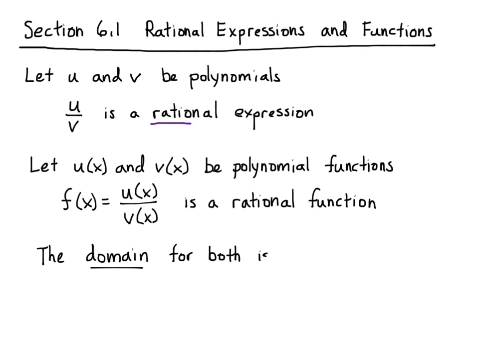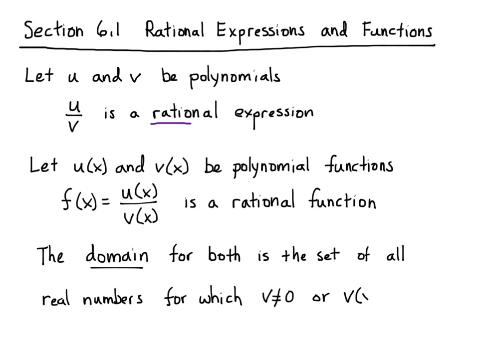So what will be different about these is that we have to worry about the domain a little bit, because we have a ratio, we have some division. It's possible that the denominator gets to be 0, and when it's 0, we end up with an undefined expression or a function that's undefined at that value.